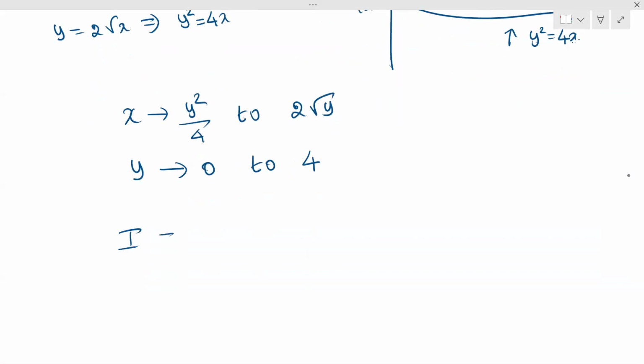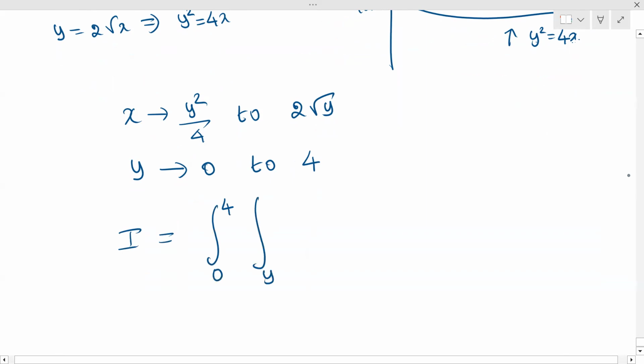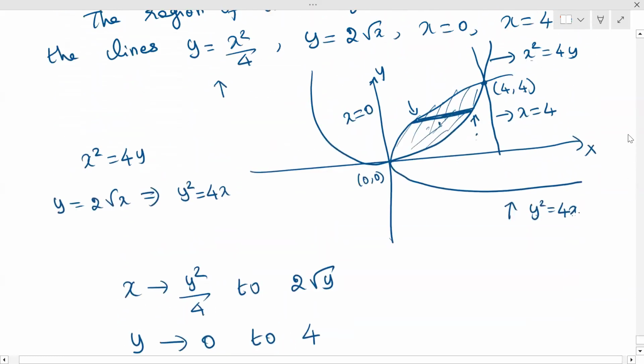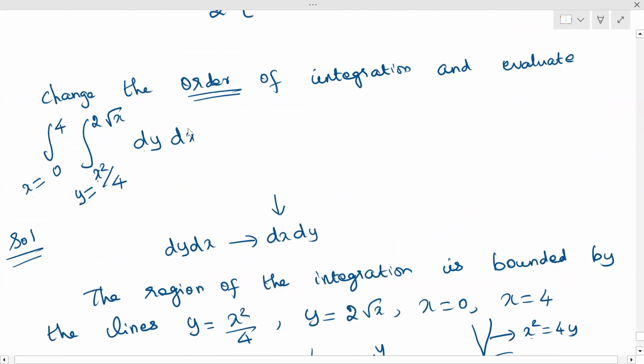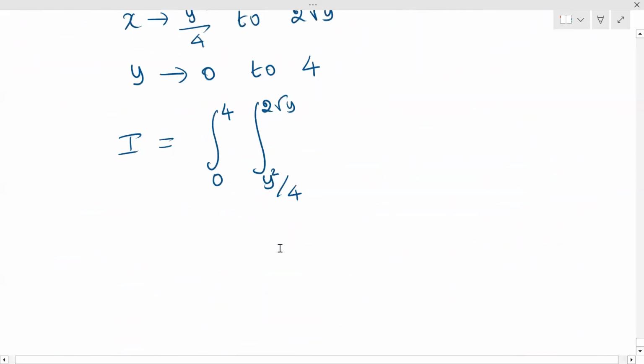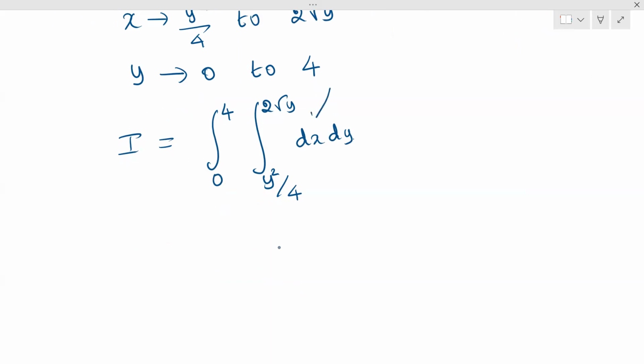So our integration is y from 0 to 4 and x from y square by 4 to 2 root y. Here, what is the function they have given? There is no function. We only have to change dy dx to dx dy. Now we have finished changing the order. Now we have to do the integration.